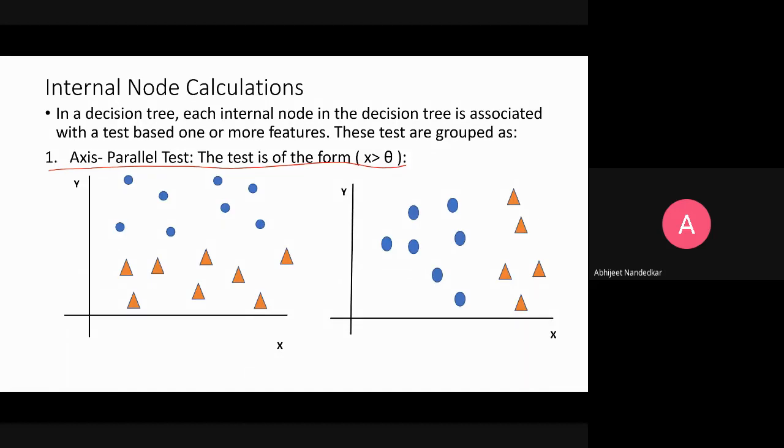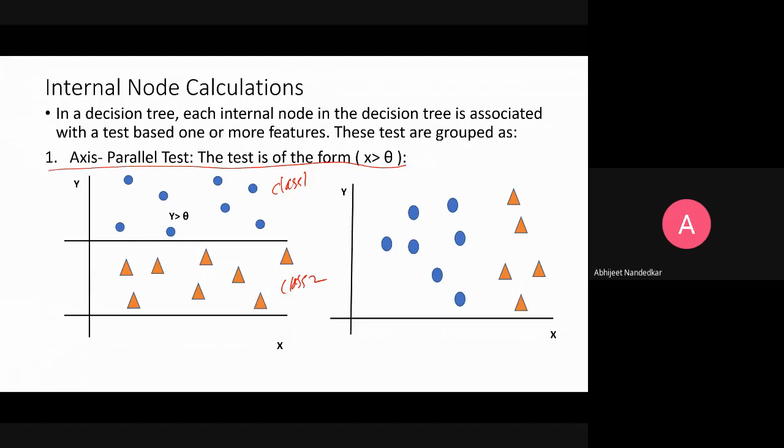Now suppose I have this spread of data. So this is some class 1 and this is some class 2. Then I can say that the upper side of this line is class 1 and the lower side of this line is class 2.